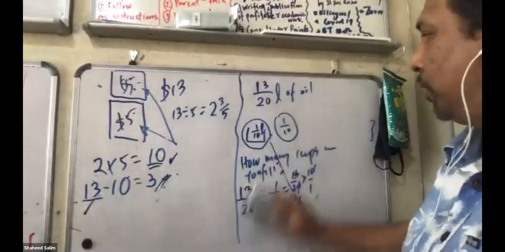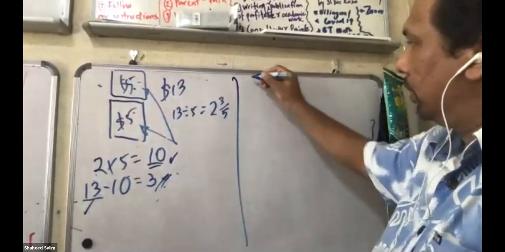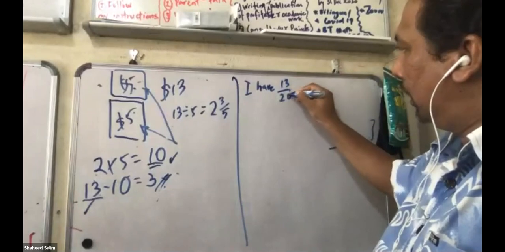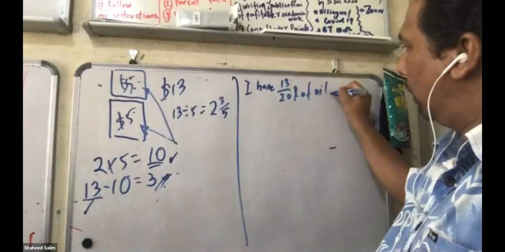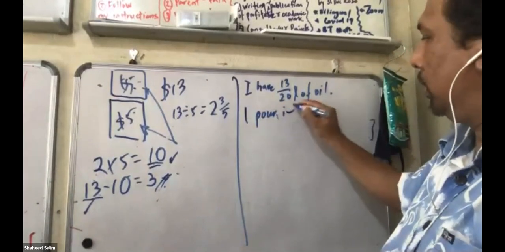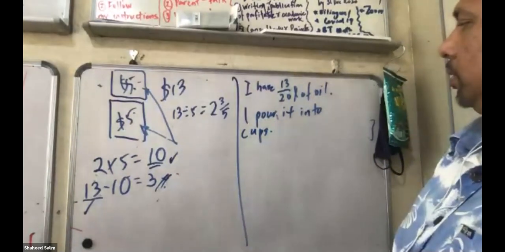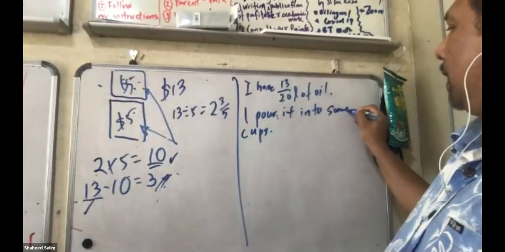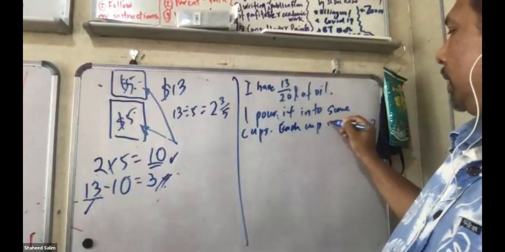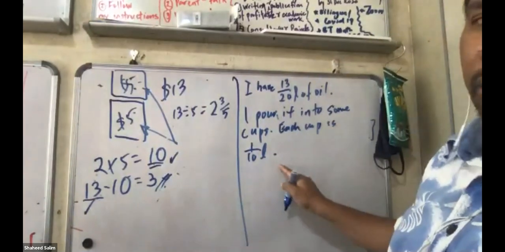Okay, I'll write the question for you now. I have 13/20 liters of oil. I pour it into some cups. How many? I want you to find out. Each cup is 1/10 liters, which means it can contain 1/10.